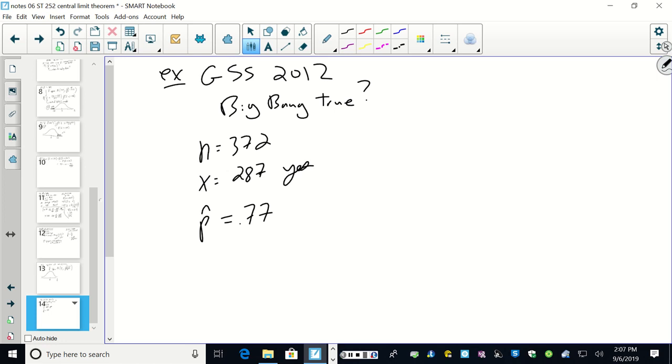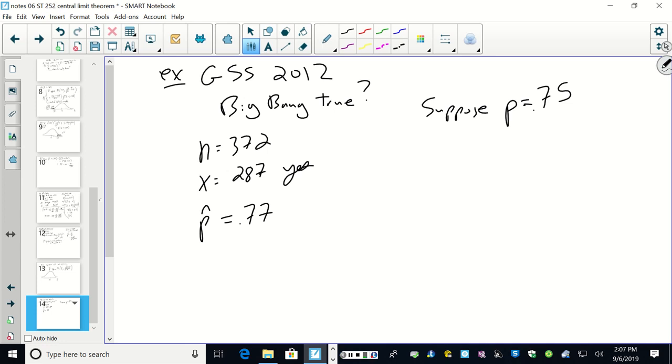Suppose three-quarters of the individuals in the population actually believe this. They believe that the Big Bang theory is the true description or a reasonable description of the formation of the universe as we know it. And suppose that it really is 75%.